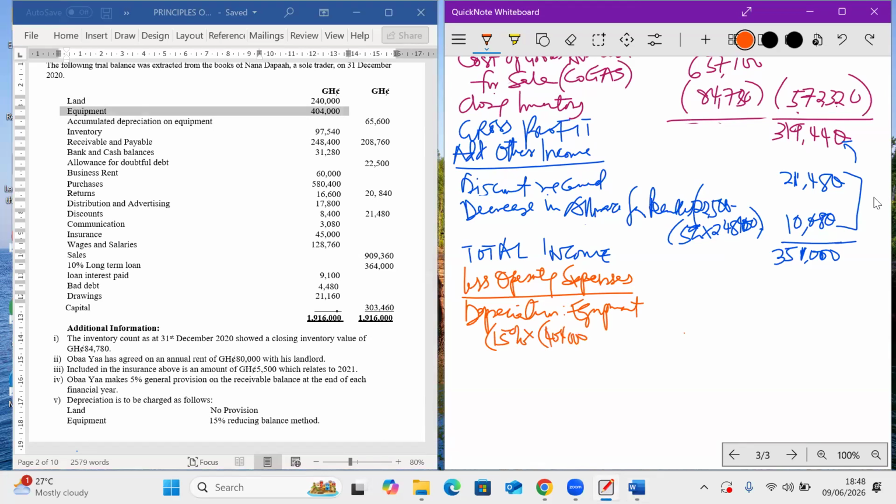Minus, what is the accumulated depreciation on equipment? 65,600. So minus 65,600. What's the final answer? Just as you see, compute it like that on the calculator. Don't change anything.